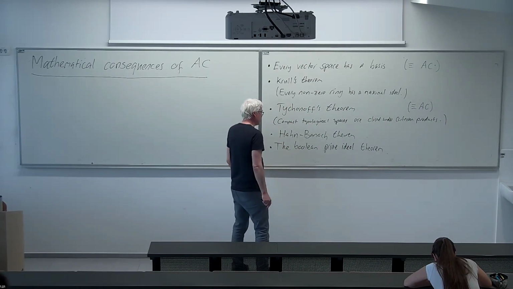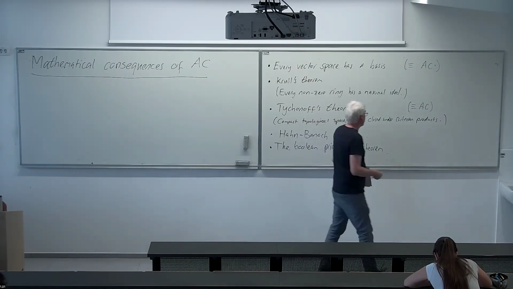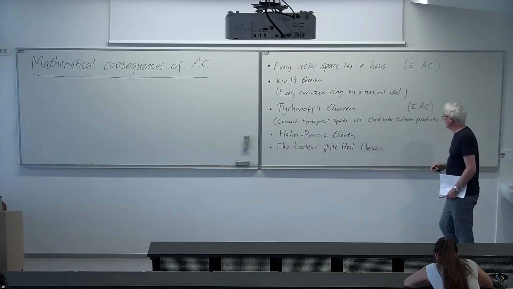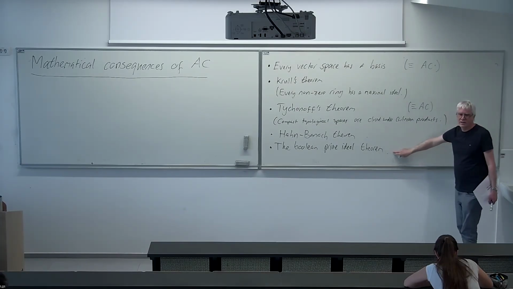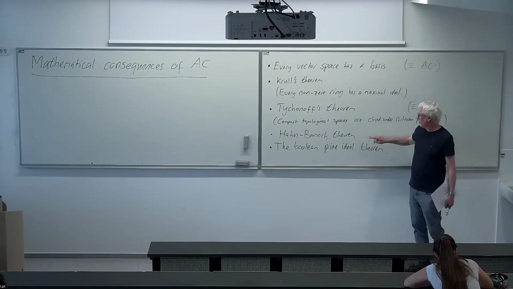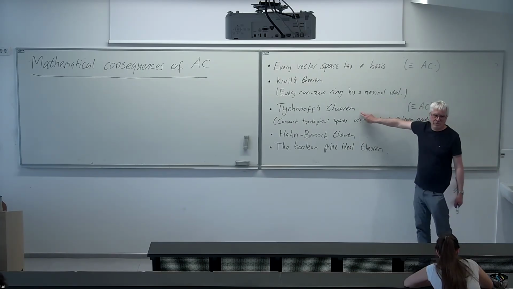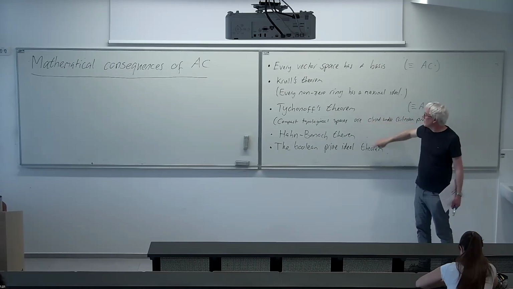Anyway, the Boolean prime ideal theorem, we'll meet this later in the course. So it's another existence of a sort of ideal thing. This is again a consequence of the axiom of choice. It's not equivalent to the axiom of choice, but it is a very important statement because it is, for example, equivalent to Tikhonov's theorem for compact Hausdorff spaces, the version that's typically used by topologists.